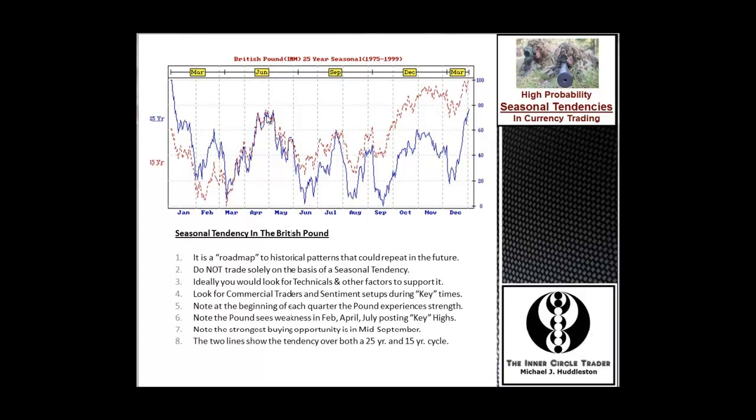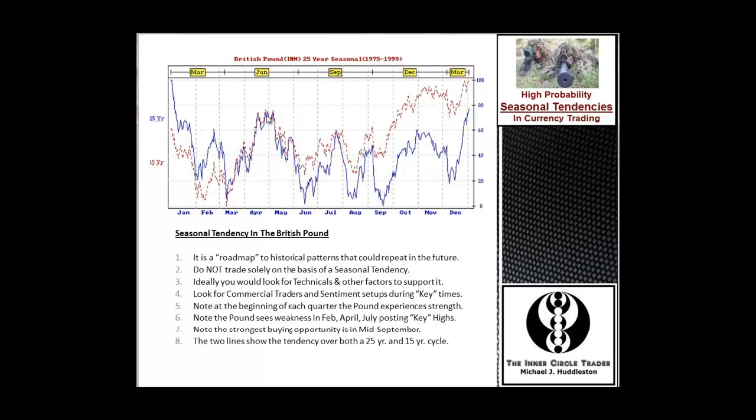The best way to use the seasonal tendency is to note that at the beginning of every quarter of the year, that means January, March, June, September, and December, they typically start off each quarter with strength.